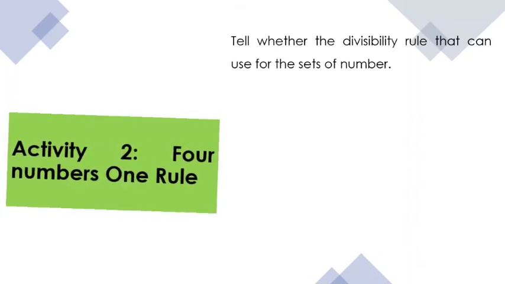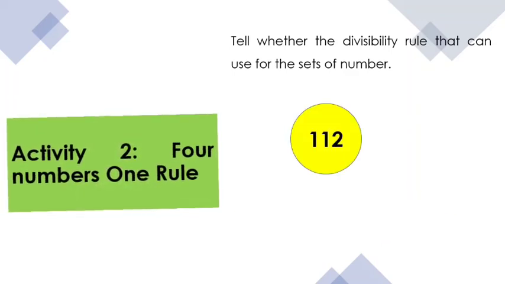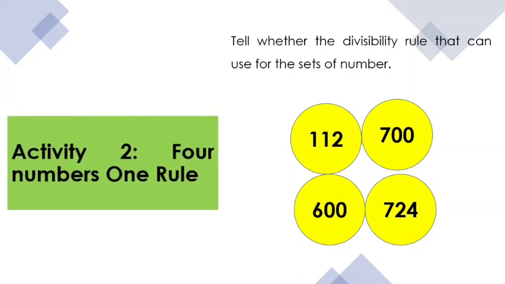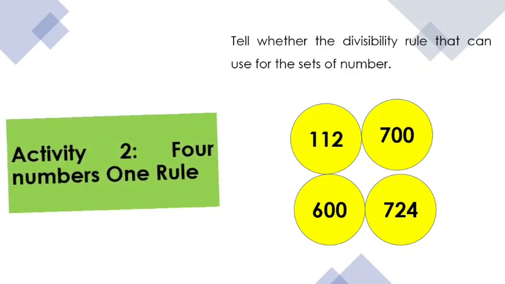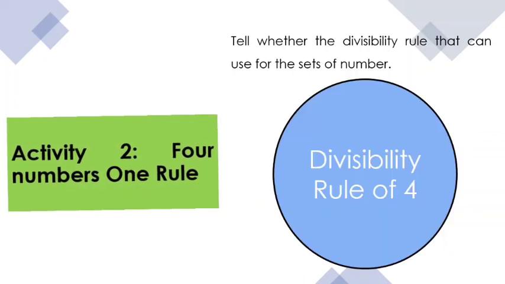Tell which divisibility rule can be used for the set of numbers: 112, 700, 600, 724. Very good. Divisibility rule of 4.